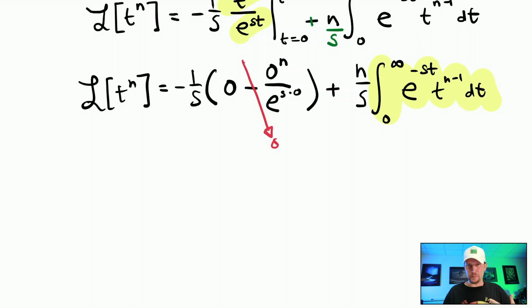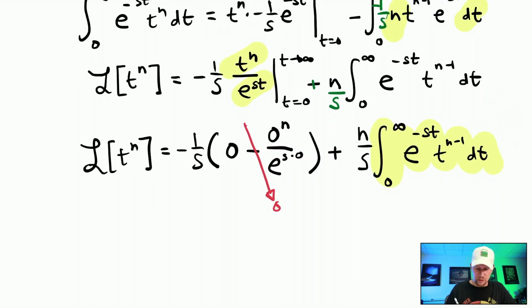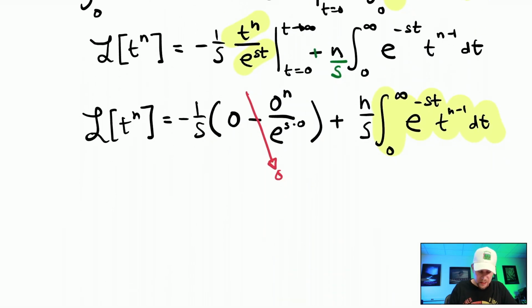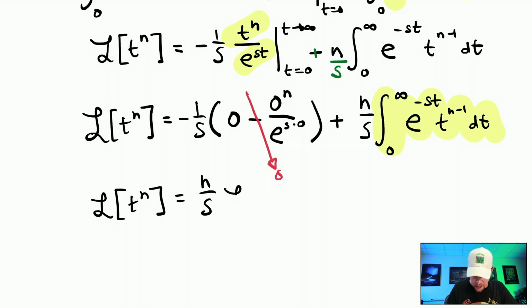It is, however, the Laplace transform of t to the n minus 1, right? So in rewriting this, we can say the Laplace transform of t to the n is equal to, well, we have 0 from the first part, n over s times the Laplace transform of t to the n minus 1, like this.